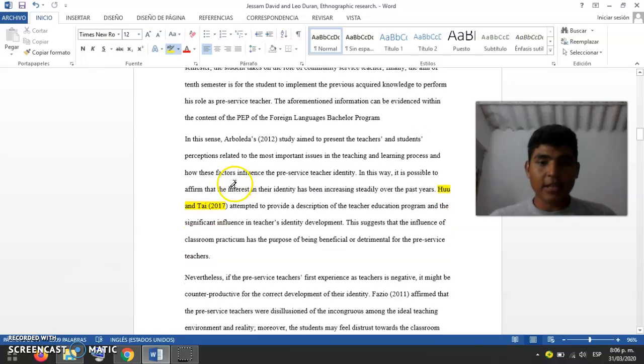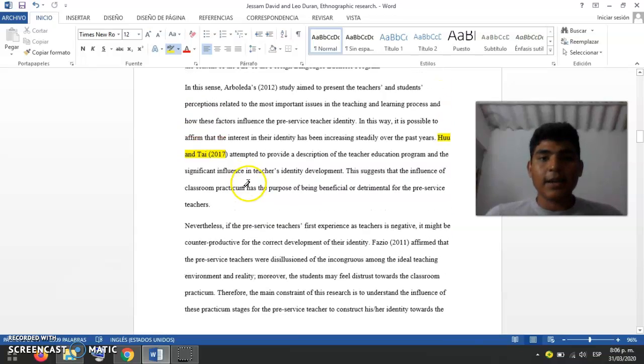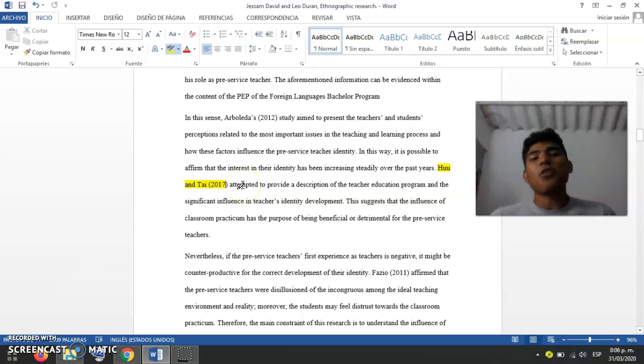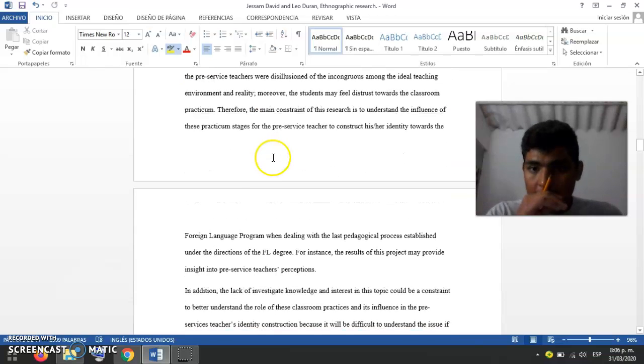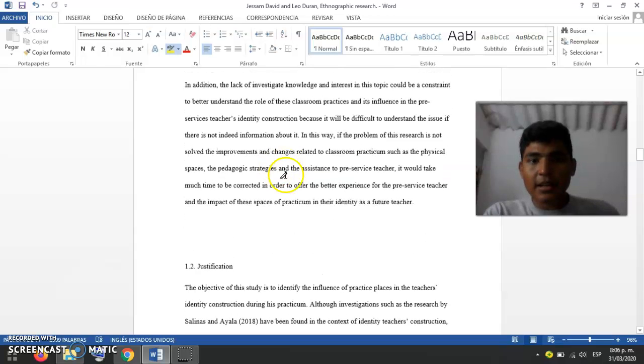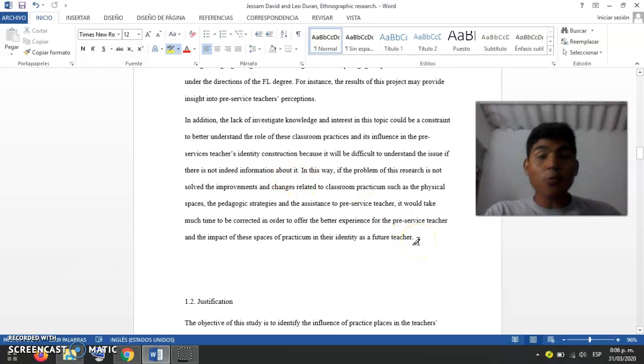So this is what our research project is about. But what happens if the problem is not solved? Well, there will be a lack of knowledge related to this issue, and this could be a constraint in order to search for improvements and change of this classroom practicum, because remember that these spaces are really important for us.